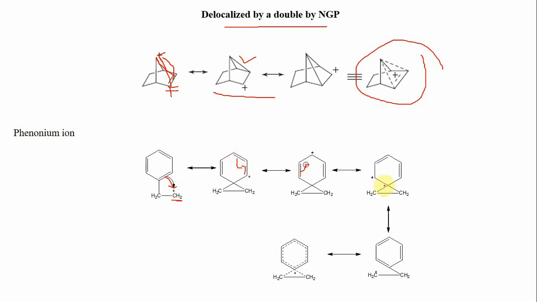So at the last, this carbon-carbon bond breaks, and these electrons again transfer within the ring. So the overall resonance structure is this one, in which you can see there is again a formation of a three center two electron bond, and there is a bridge type of structure. So again, this is an example of a non-classical carbocation.